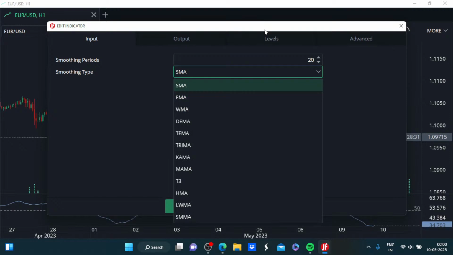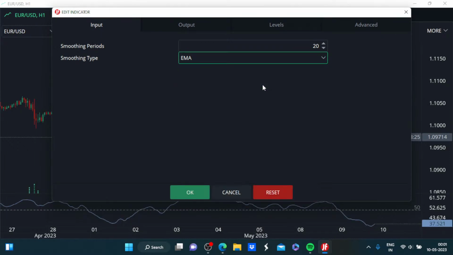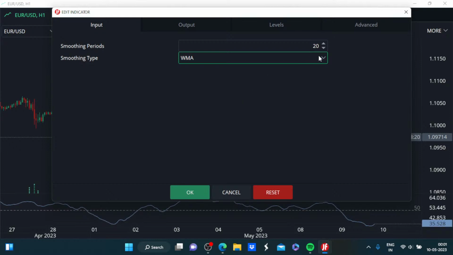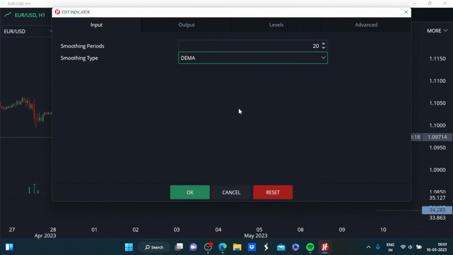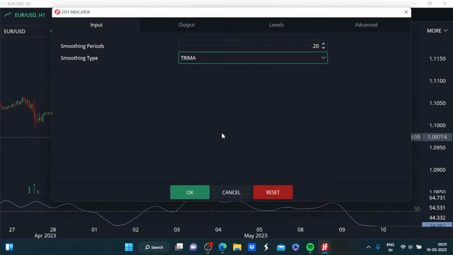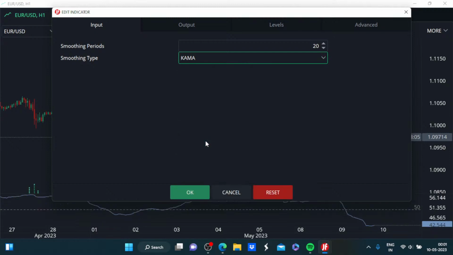Here, let us drag this to the upper side, and if we use EMA, WMA, DMA, in each of these cases, the plotting of the inertia indicator is going to be quite different. As we use more refined moving averages, we will have a lot more smoothing.